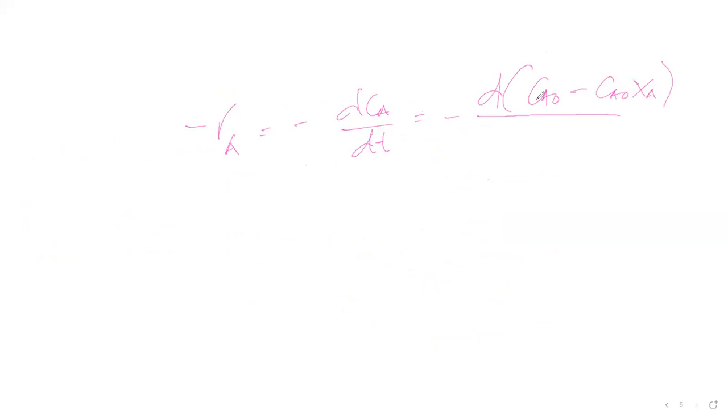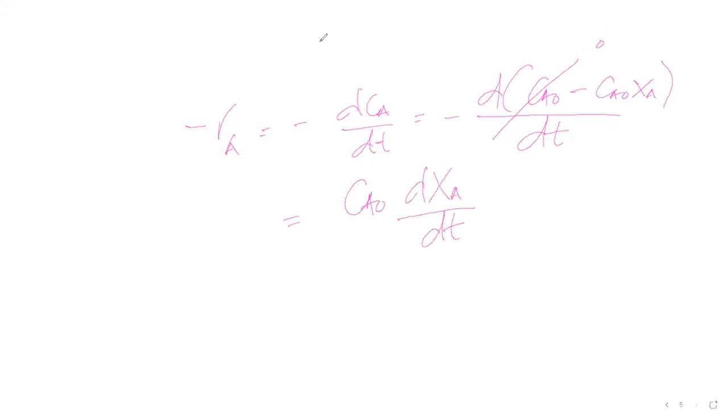This is the expanded form because your CA is CAO times the quantity 1 minus XA. And you have here dt. Now, if you perform differentiation here, we know from our calculus that the derivative of a constant, CAO is a constant, is 0. That gives you the negative of the derivative of negative CAO XA, which is simply CAO dXA/dt.